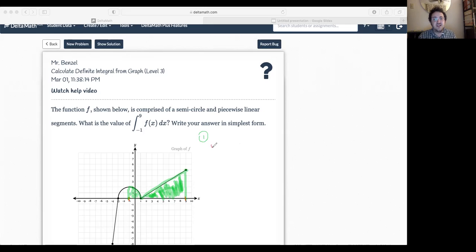So this is the integral from -1 to 1 of f of x. And it's equal to a quarter circle. So this is a quarter pi r squared.